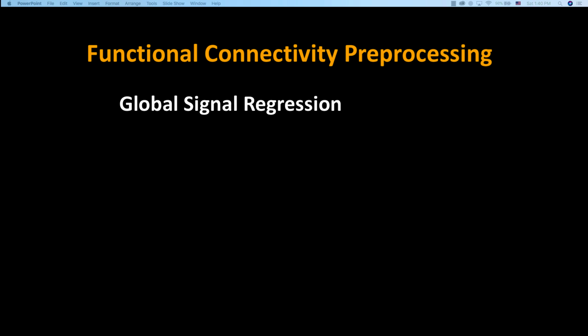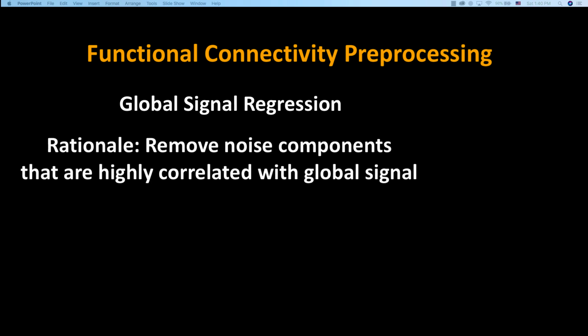What is global signal? It's simply taking the average signal across the entire brain for the entire scan. The rationale is this global signal includes a lot of noise. It includes a lot of components that are due to heart rate, due to respiration, due to thermal noise, scanner noise, everything. And especially in data sets where noise is predominant, this is a good way to account for that. And then anything left over, you can kind of tease apart with your functional connectivity analysis.